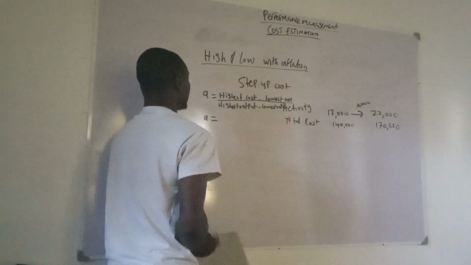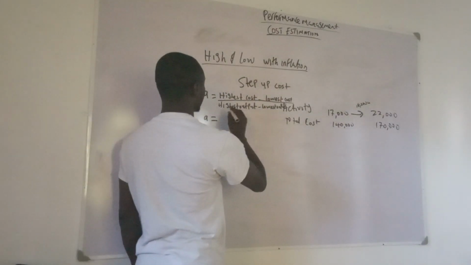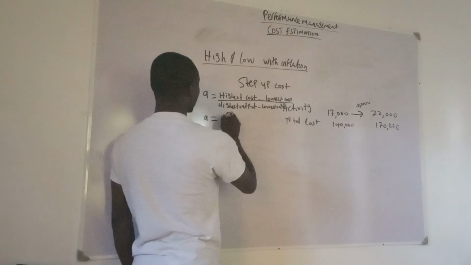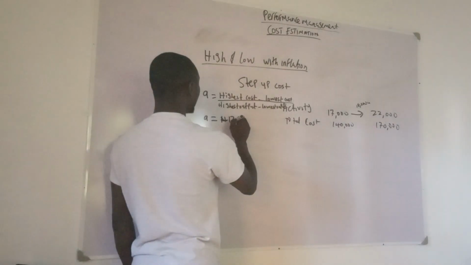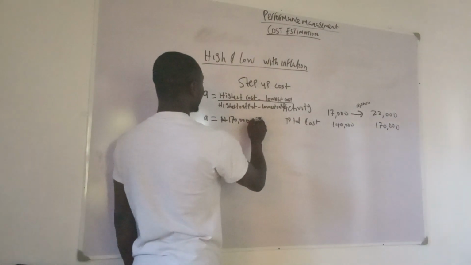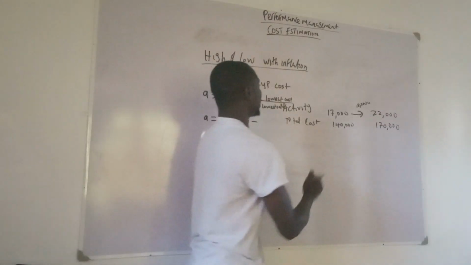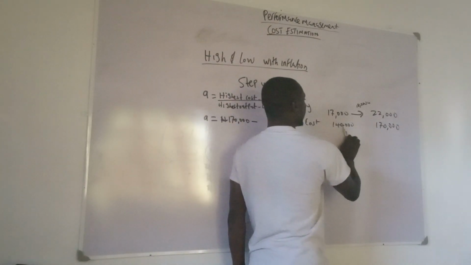Now in this case, what is the highest cost? The highest cost is 170, minus the lowest cost. Don't forget that it will move from this to this.